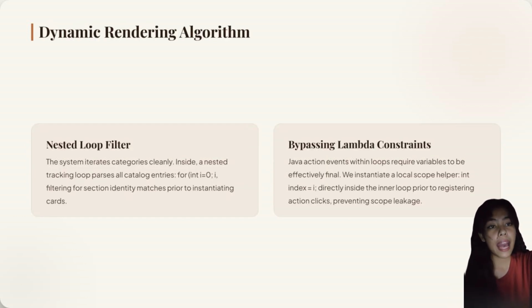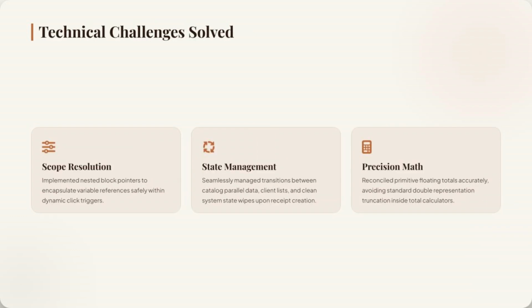Next is the bypassing of lambda constraints. Java action events within loops require variables to be effectively final. We initiate a local scope helper, int index = i, directly inside the inner loop prior to registering action clicks, preventing scope leakage. The next is scope resolution, which implements nested block pointers to encapsulate variable references safely within the dynamic click triggers.